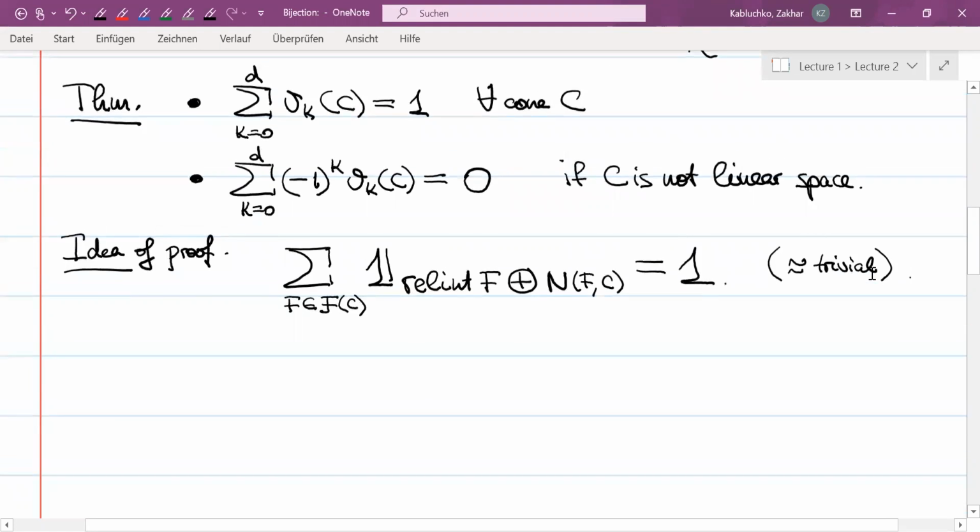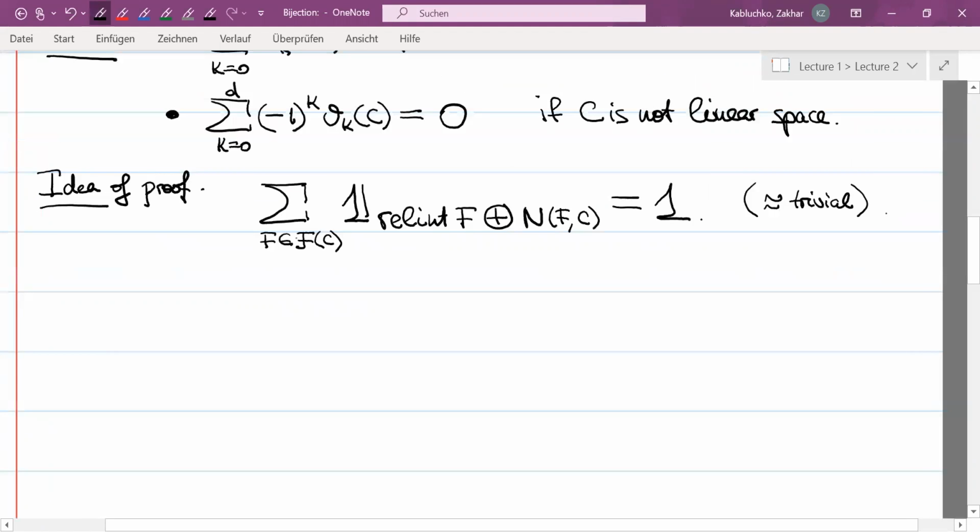But the other relation is non-trivial, and it says the following. There is a brother of this relation.